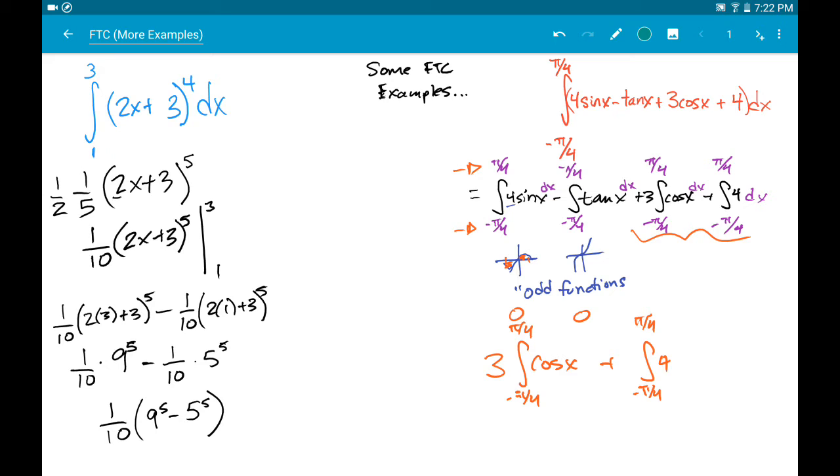The antiderivative of cosine is sine of x, evaluated from negative pi over 4 to pi over 4. And again, we have a 3 along for the ride here. And then we're going to add the antiderivative of 4, which would be 4x, evaluated from negative pi over 4 to pi over 4.